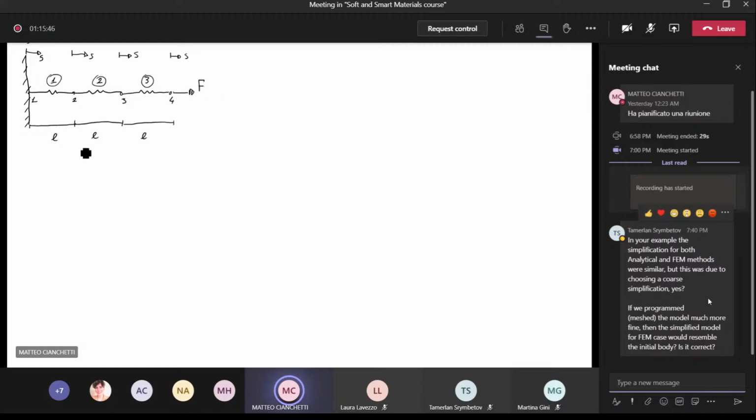And we can identify for the 3 elements a specific K that now is specific for each element. So we have K1, K2, and K3.